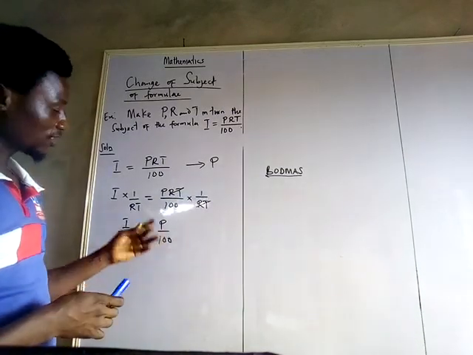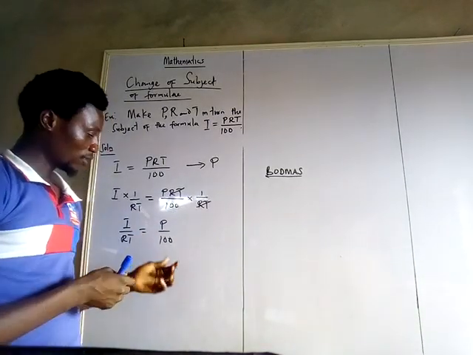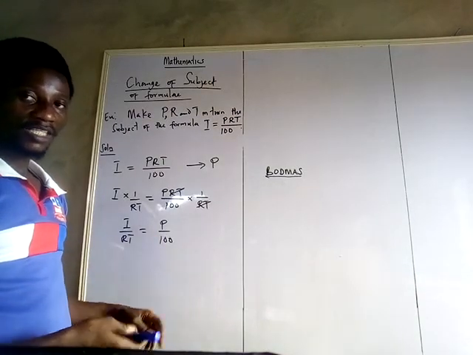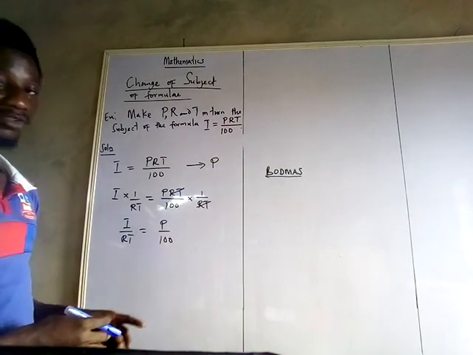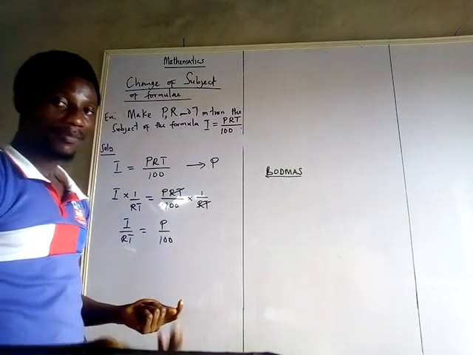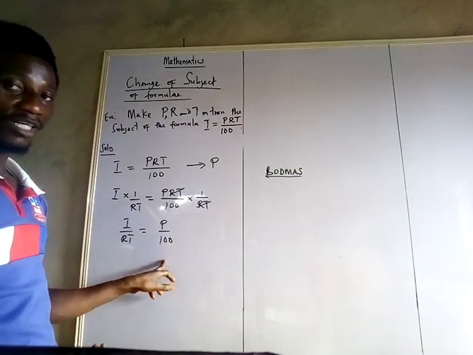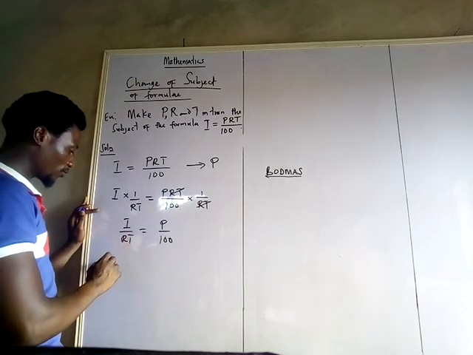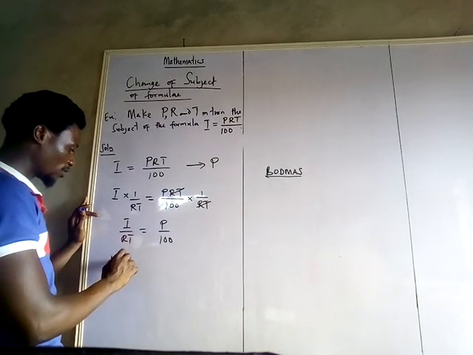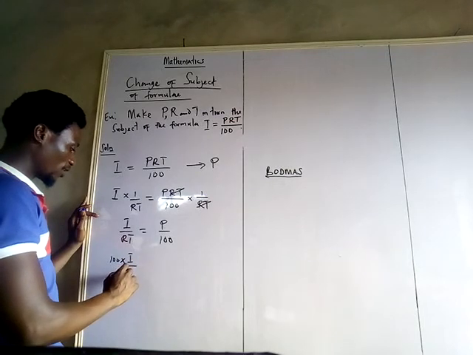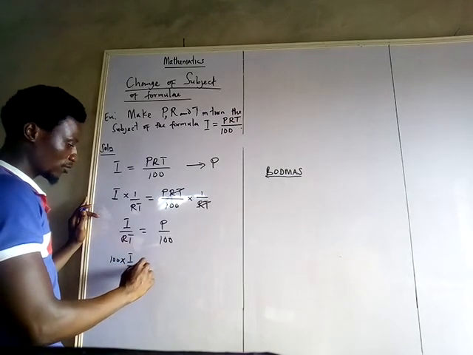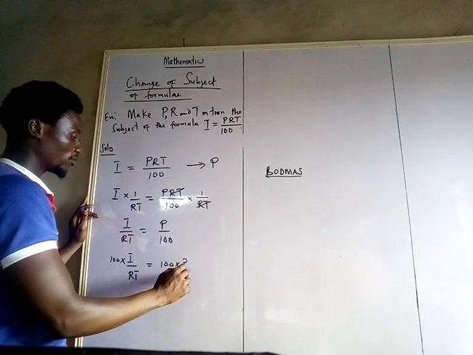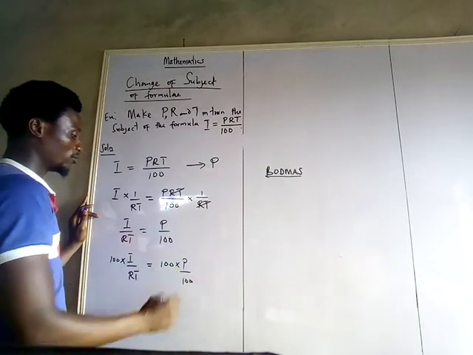Now what is associated with P this time around? That is 100, and the operation is division. How do you remove division? For you to remove division, you multiply by what you are using to divide, which is 100. You can say multiply both sides by 100. 100 times I over RT is equal to that same 100 times P over 100.